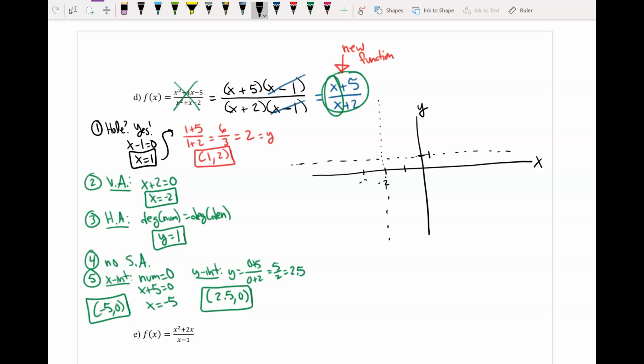So 3, 4, 5, comma 0. And then we have a y-intercept at 2.5. So this is 2, this is 3, so 2.5 is right here. And kind of already, you can see where everything is at. Oh, don't forget about our hole. Our hole is at 1, 2. So 1, comma 2. So there's a hole here.